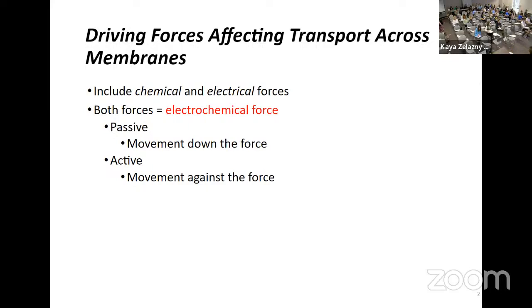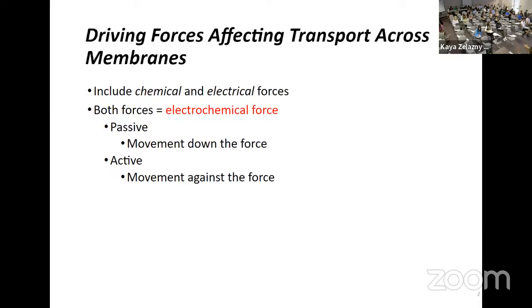So when you have a membrane, you have a separation between the ICF, the intracellular fluid, the cytoplasm, and the ECF, the extracellular fluid. You're going to have differences both in chemical concentrations across that membrane and in some electrical bases. And you're likely going to have some of your ion inside, some of your ion outside.